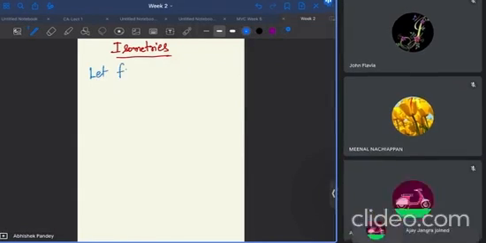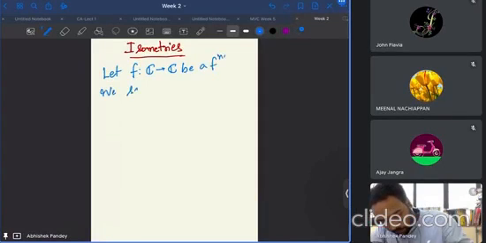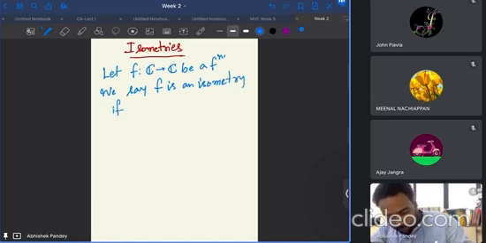So let f from C to C be a function. We say f is an isometry if, basically, it is a distance preserving map.